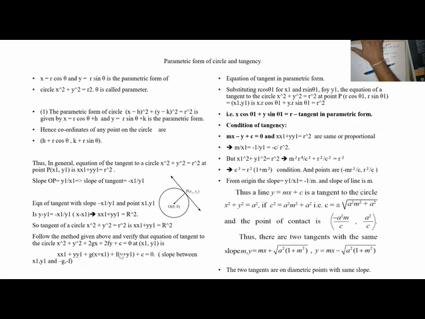So this is a short way of doing it: plus g into (x plus x1). You always remember, don't confuse with minus g, minus f. Minus g, minus f is the center. What we are talking of is the tangent at x1, y1, a point on the circle. This is on the circle.